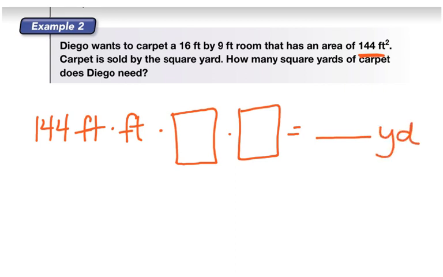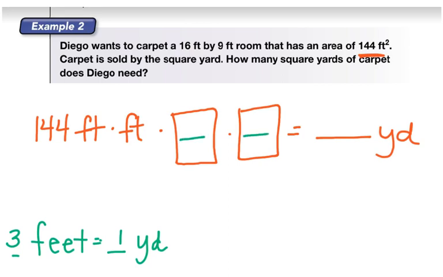yards. Okay, so what is our unit multiplier that we're going to use? What do we know is going to get us from feet to yards? And if you're thinking, I know that 3 feet equals 1 yard, then you are on the right track.